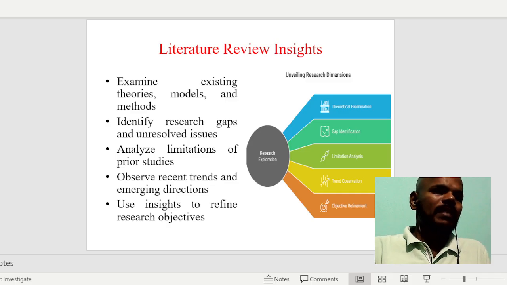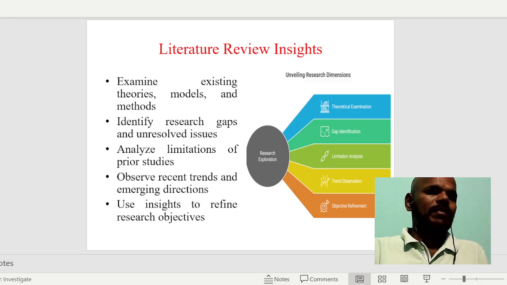What is the importance of literature? What will it do? It will examine the existing theories, models and methods. That means it will examine whether this kind of problem is already solved or not, and what kind of models and methodology they used in an existing system.